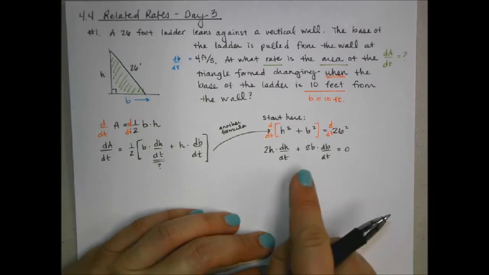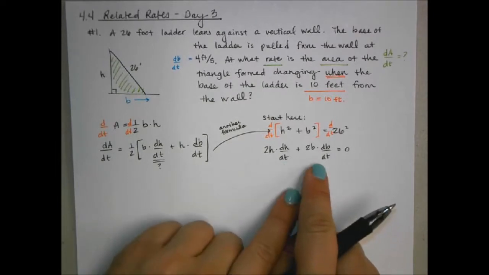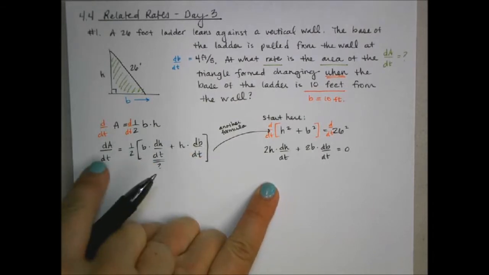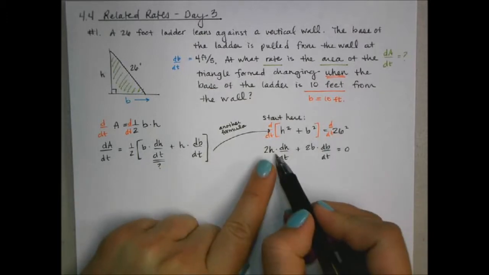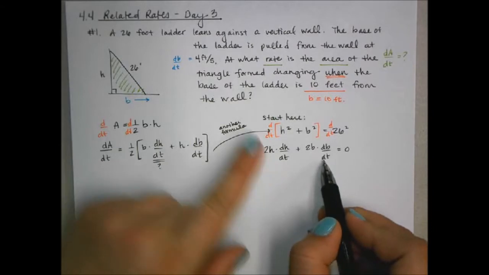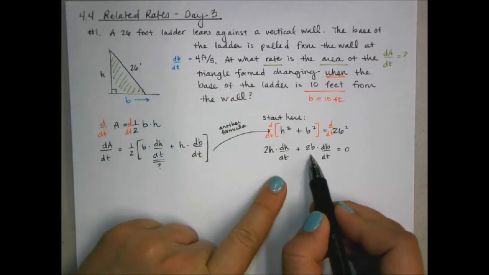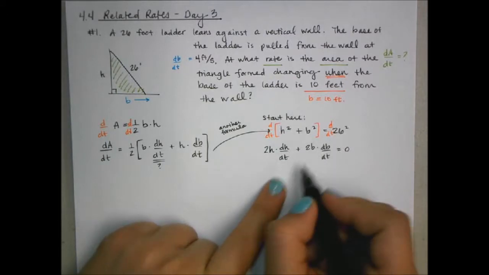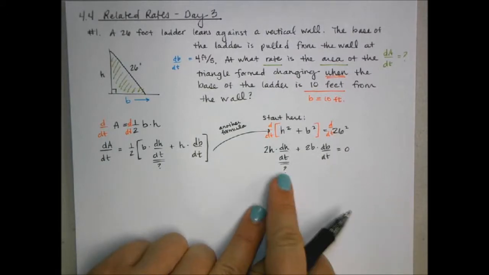So we're solving here for dH/dt so that we can plug it in here with everything else to get dA/dt, the final value we're looking for. So we're going to go ahead and plug in the values that we know from our problem. dB/dt is 4. When b is 10, we can solve for h. And then the unknown here, dH/dt, is what we're trying to find to use over here.